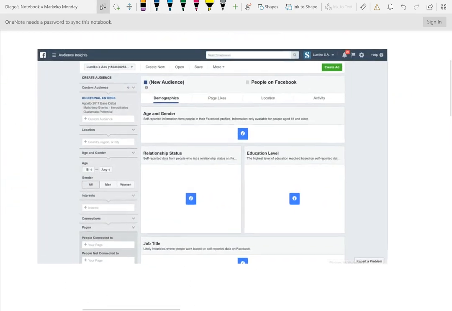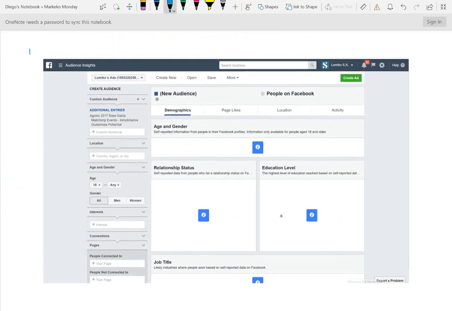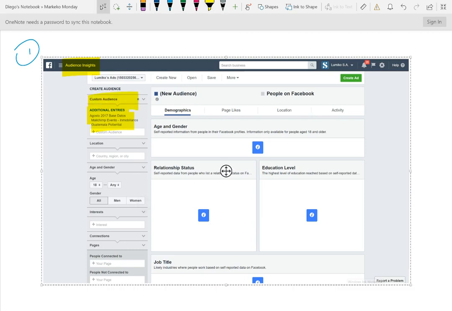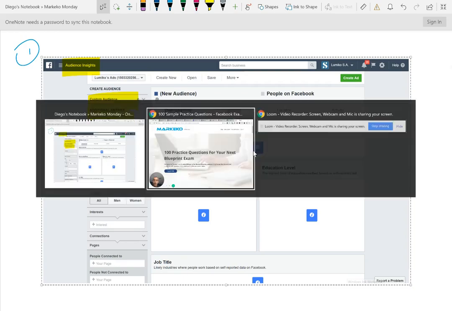So number 1 is audience analysis within audience insights. Before, you would be able to select a custom audience and analyze it within audience insights to get a better sense of who your demographics, who your audience was.